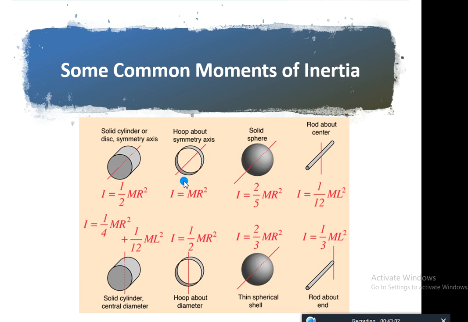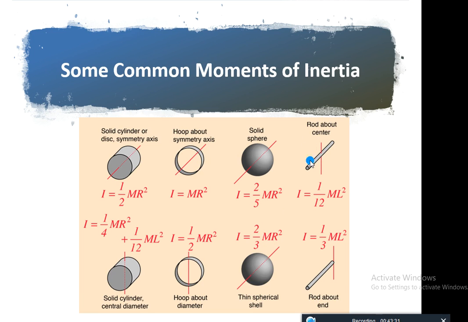Now the same here, if it is a hoop, then about the symmetry axis inertia will be mr square, and about the diameter axis it will be mr square by 2. This is for the solid sphere, I is equal to 2 over 5 mr square, and this is for the thin spherical shell, where I is equal to 2 over 3 mr square.